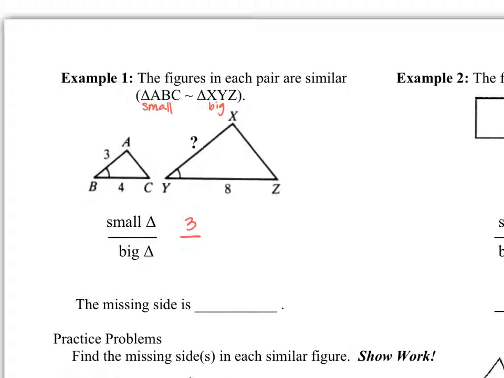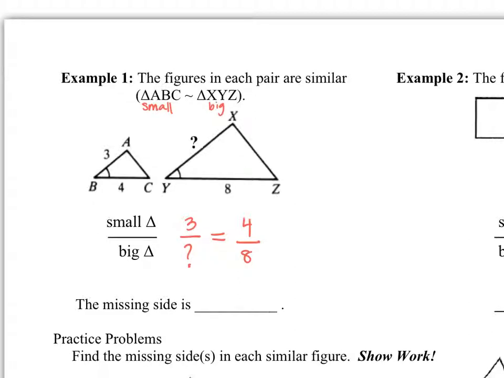So XY is question mark. We don't know what that is. That's going to equal, what's another side from our small triangle? Well, side BC is 4. So I'm going to put 4. And side BC corresponds to YZ. YZ is down here, which is 8. So I'm going to make that an 8.